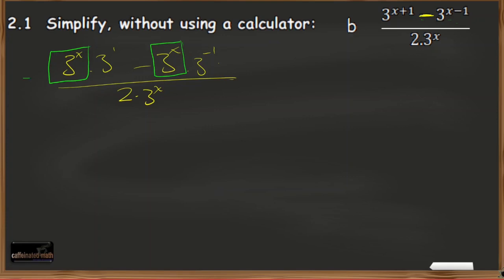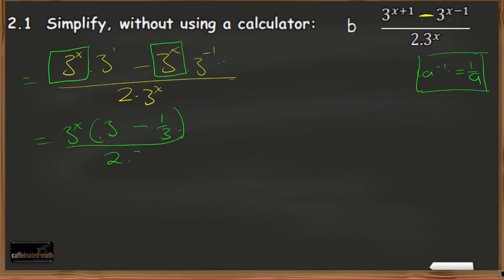So let's just take that 3 to the power x out as a common factor. What's left is 3 minus, well, that just becomes 1 over 3. Remember, a to the power minus 1 is 1 over a. It's in our definitions.